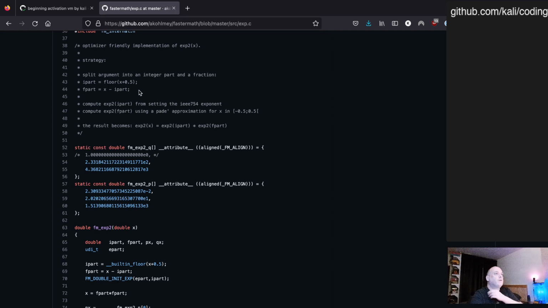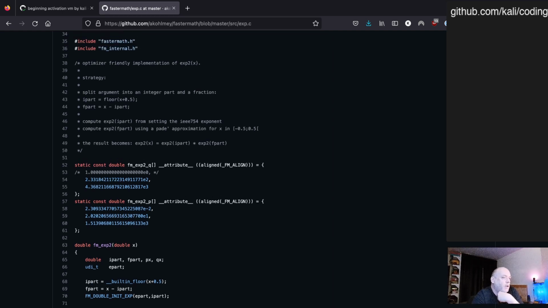And if you use the base 2 exponentiation, doing the exponentiation of a where a is an integer, positive or negative, is super easy because it's just a bit shift operation. I mean, it's a bit of float manipulation. It's not easy, but it's fast. And then you just need to compute.